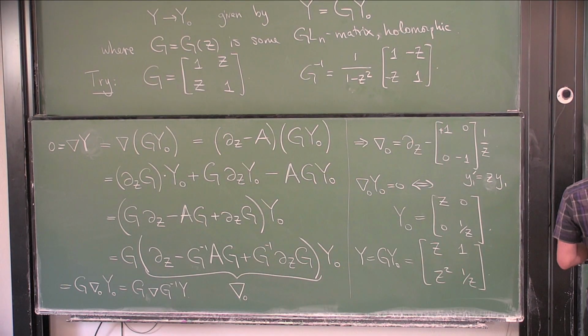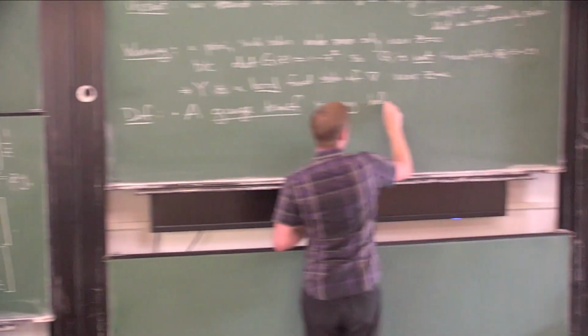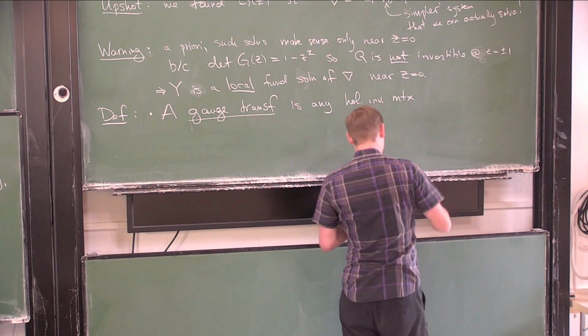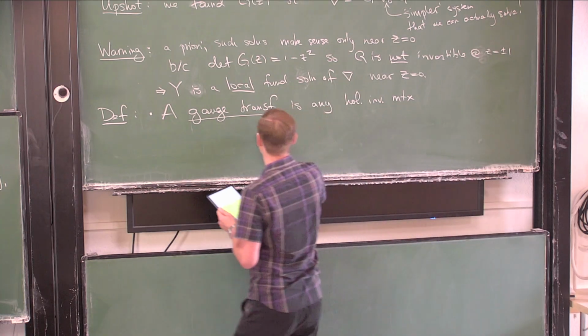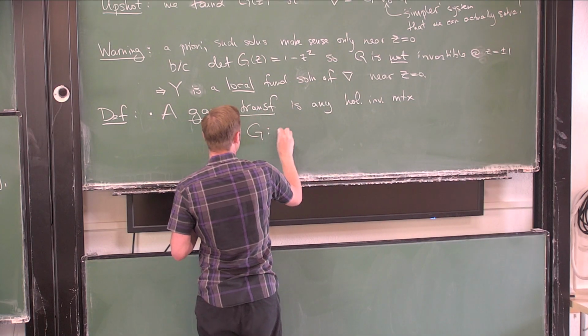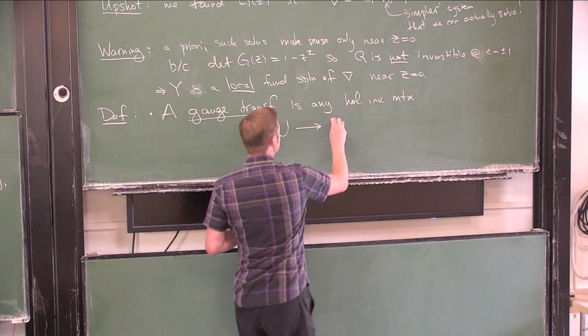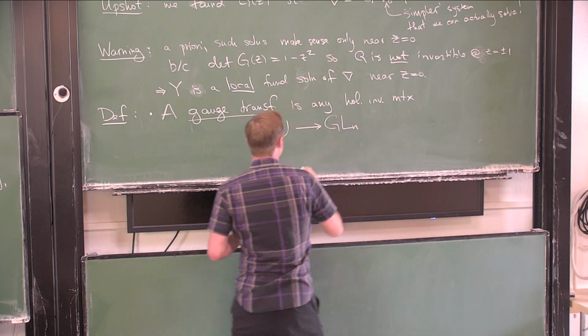So a gauge transformation is any holomorphic invertible matrix G. So it's a map from U to GL_N(C).